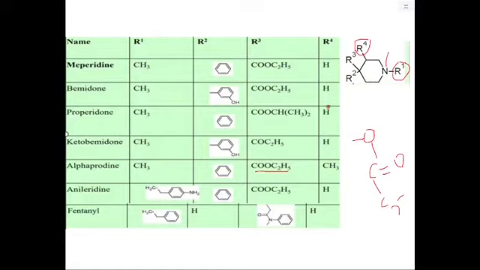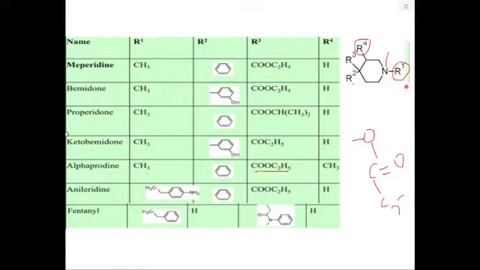Remember this group, we are putting it here. So the R1 becomes CH2 CH2 phenyl ring, very close to anileridine, but of course without the amino group. So that large group is attached there.